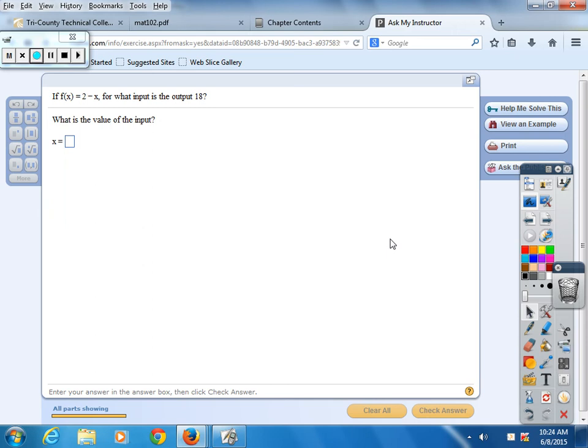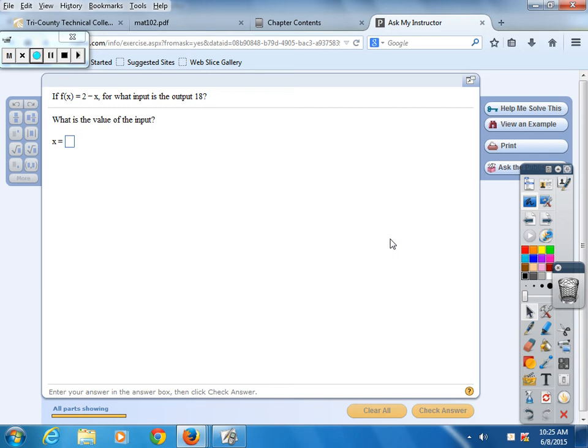Okay. This is: if y is equal to 2 minus x, for what input is the output 18? Okay, so this has got pinkies raised all over the place.